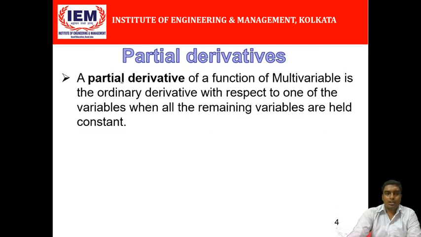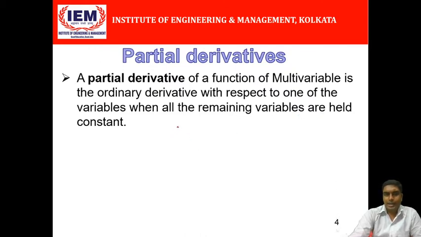Now, how can the partial derivative be termed in terms of multivariable? It is one sort of ordinary differentiation with respect to one of the variables when all the remaining variables are held constant.